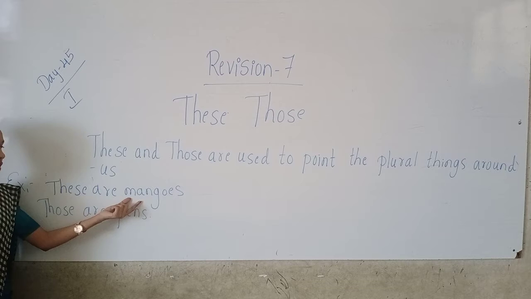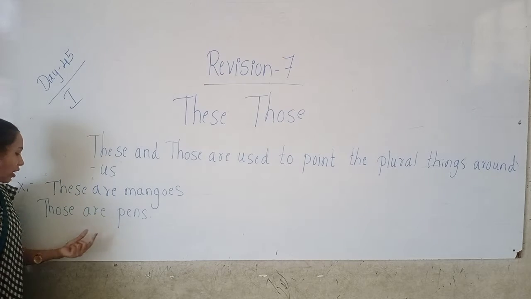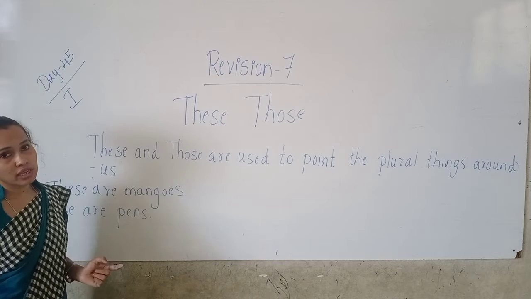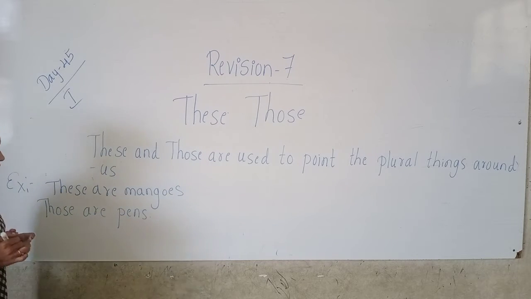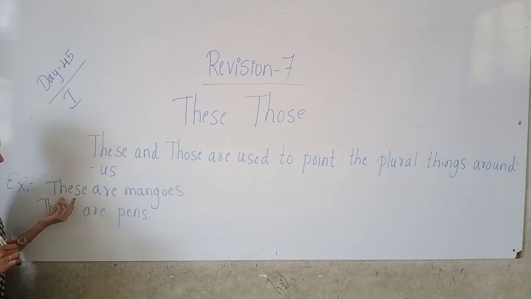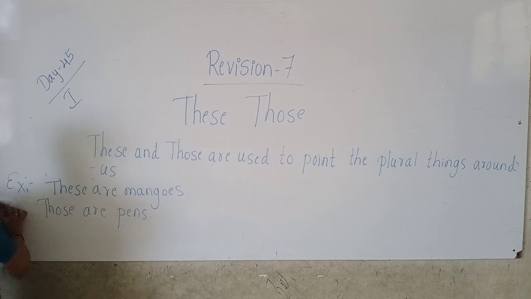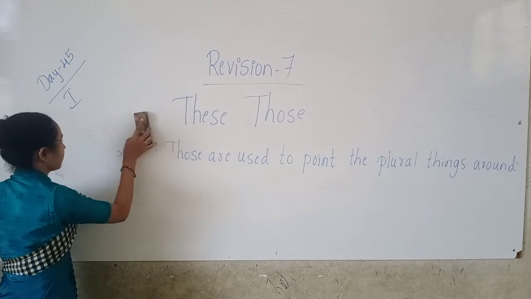So mangoes are near to us, so we should use these. Pens are far from us, so we should use those. These and those we should always use with the plural things. Plural means many things, the things more than one. These are mangoes, those are pens. Okay, children? These are used with the things which are near to us. Those are used with the things which are far from us. Okay, children? Now, let us solve some exercises out of it.